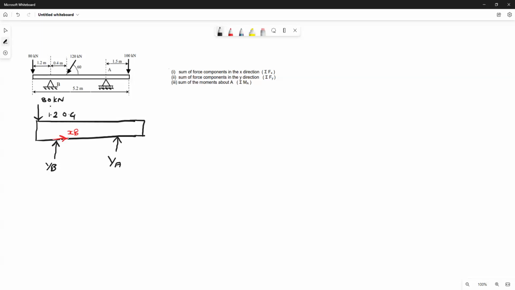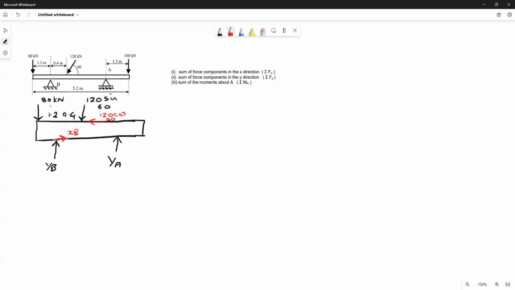So in this case, it would be 120 sine 60. So the force going down would be 120 sine 60. And you would also have a force going through the beam, which in this case would be 120 cos 60.